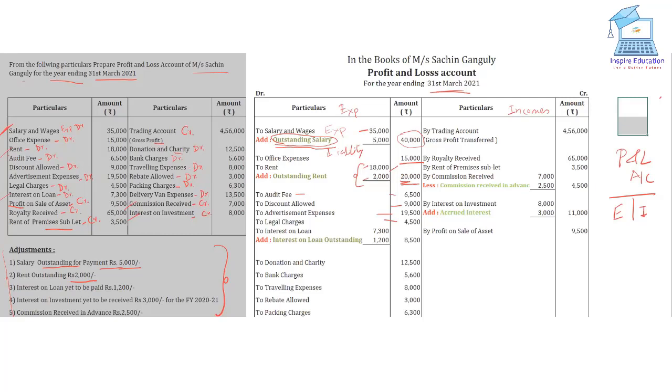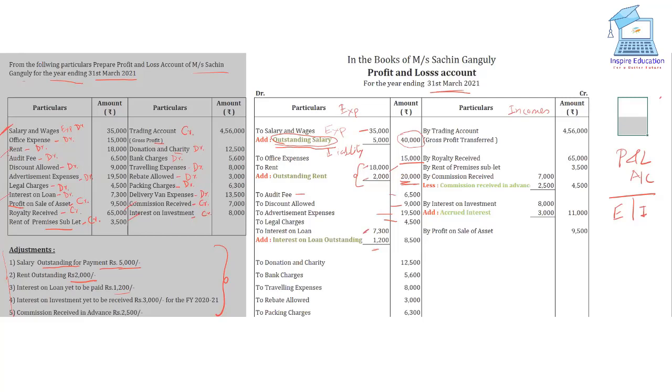Interest on loan. Interest on loan is how much? Interest on loan is 7,300. Okay, but there is an adjustment. What is the adjustment? Interest on loan yet to be paid rupees 1,200. This 1,200 is outstanding for payment. I have paid only 7,300.